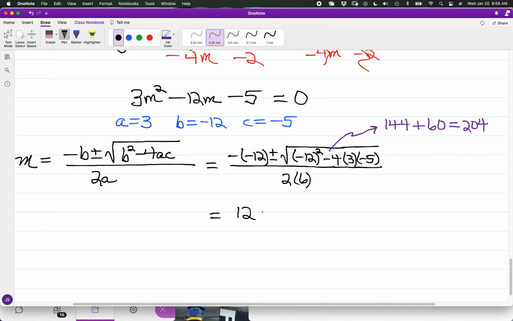So for what we have now, the opposite sign of negative 12 is a positive 12, and we have plus or minus the square root of 204, and we have all over 2 times 3. My bad. Guess I was doing a little bit of multiplication in advance. I have 2 times 3, so that is going to be 6. Okay, so we have the square root of 204.